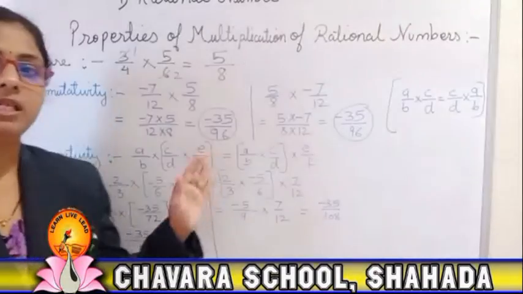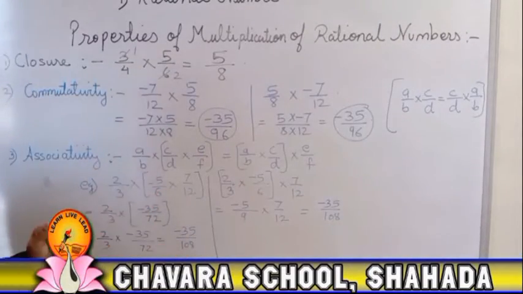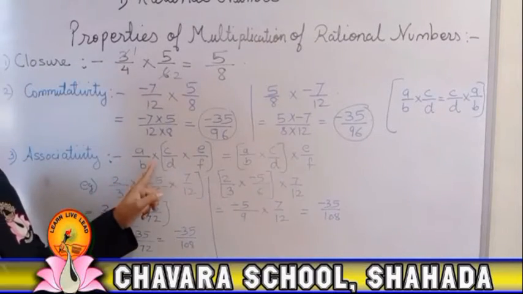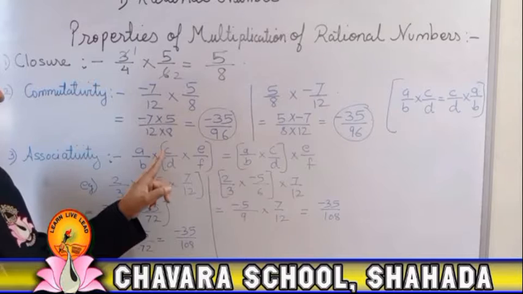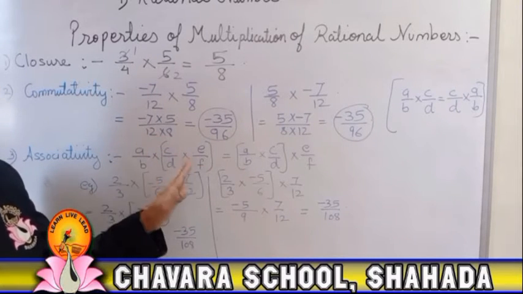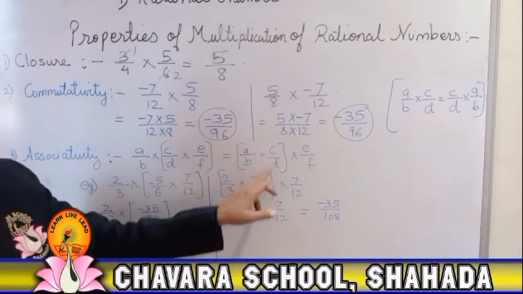Okay. Now the next one is the associative property. The associative property tells us that a upon b multiplied by, in the bracket, c upon d multiplied by e upon f, will always be equal if we change the bracket.